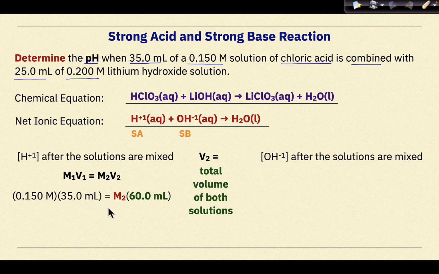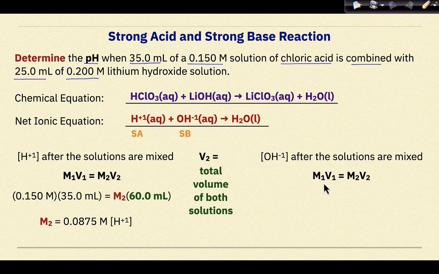Then we're going to complete the calculation. Notice again that the 60 milliliters is coming from the combination of the 35 milliliters and the 25 milliliters. Then we're going to complete the calculation solving for M2, where M2 is equal to 0.0875.